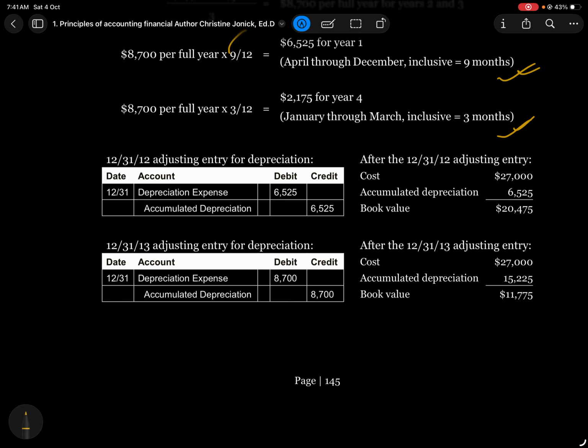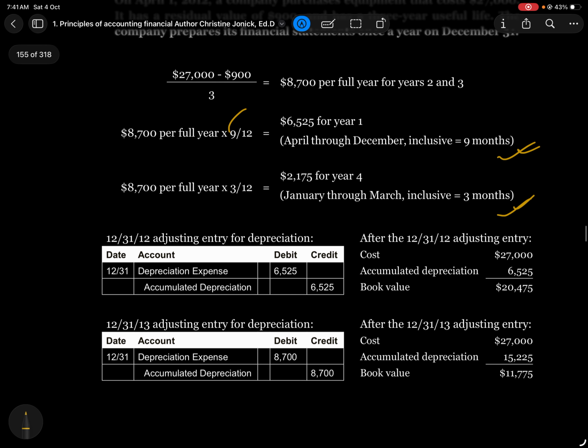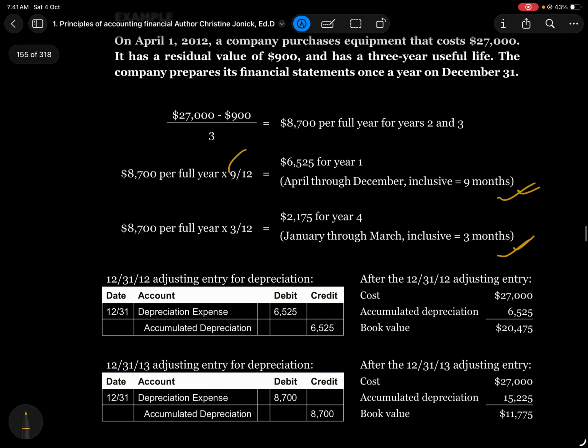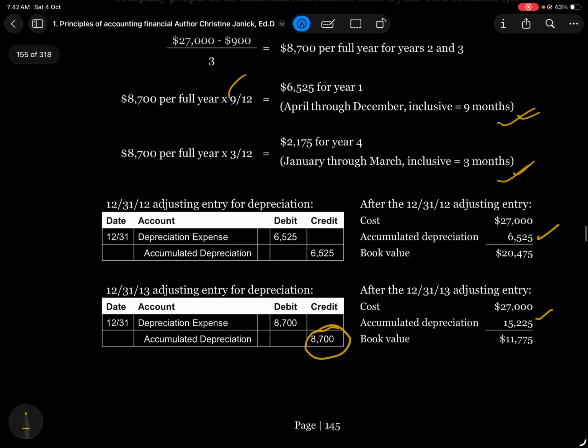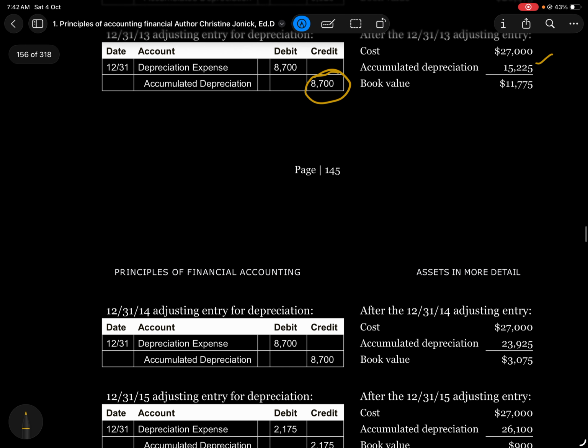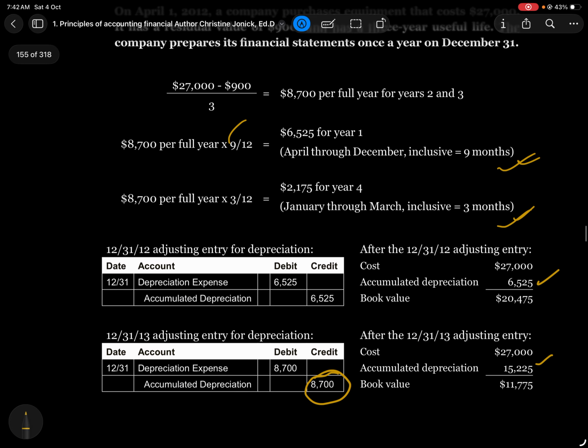So in the first period we only used it for how many months? For 9 months, hence our depreciation was this much, 6,525. Next year we used the whole year, that's why our depreciation expense was 8,700. In the next year it was 8,700, but when we sold it at mid year, we only used it for 3 months, right?